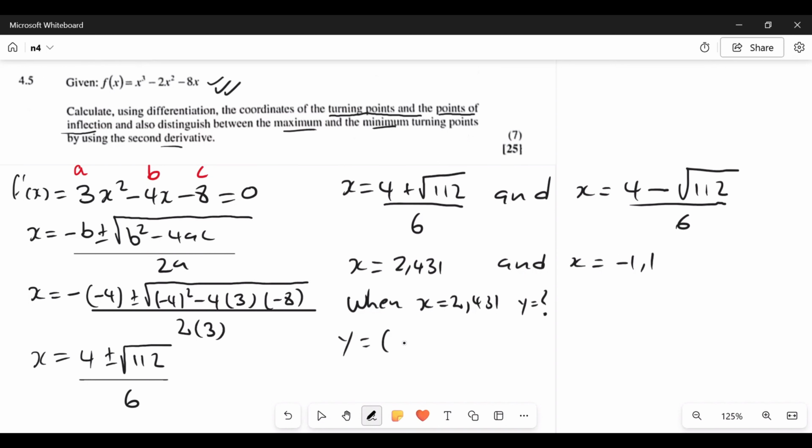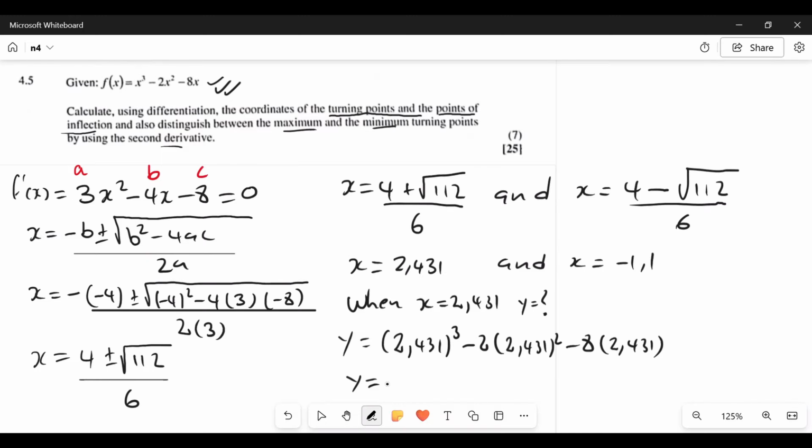So we have x cubed. Instead of writing x cubed, we're going to write 2,431 cubed minus 2x squared. Instead of writing x squared, we're going to write 2,431 squared minus 8x. Instead of writing x, we're going to write 2,431. There we go. Put this on your calculator, then we find our y value.